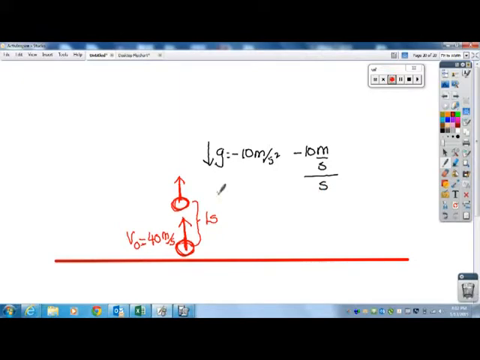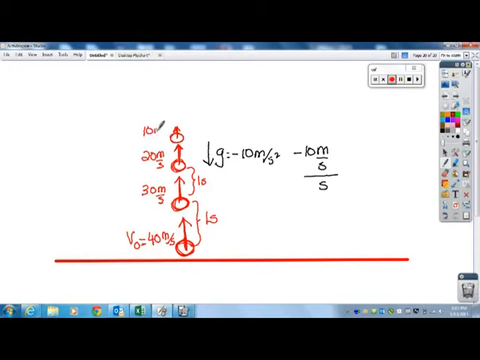So now the velocity of this ball is going to be 30 meters per second. And then as the ball goes up a little bit higher, 1 more second later, the velocity is going to be 20 meters per second. So these are all 1 second apart. And then 1 more second later, the velocity is going to diminish to 10 meters per second.